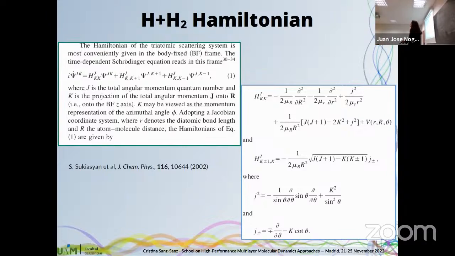If you define your body fixed frame, the other angle won't exist because you're always moving with the body fixed frame. So that is something that is a little bit more convenient for the calculation because it makes us do a much lower amount of equations and basically operations.